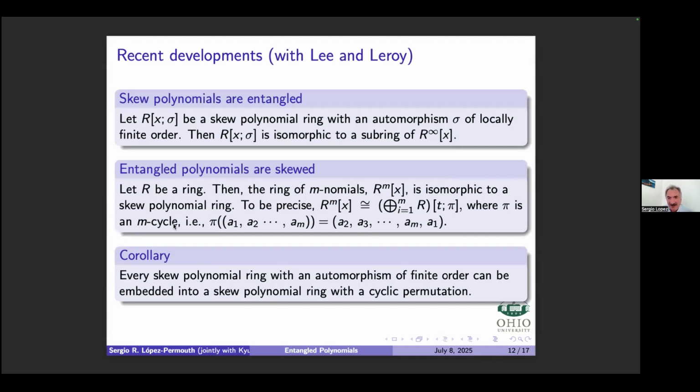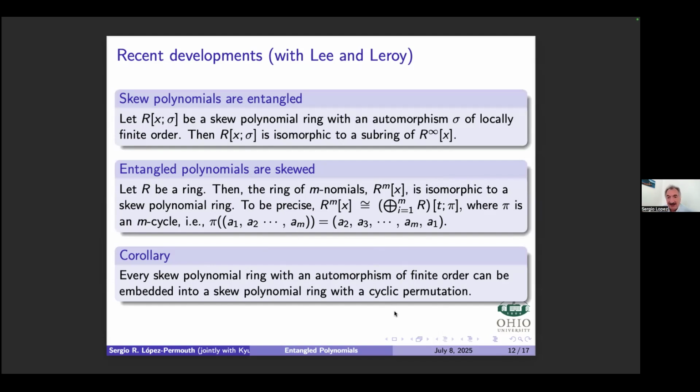A nice corollary to this: if you start with skew, you go to entangled, then from entangled, you go to a very specific skewed. That means that if you start with an arbitrary skew polynomial ring that has an automorphism of finite order, say, then you can embed it into one where the automorphism is rather concrete. It's just an M cycle.